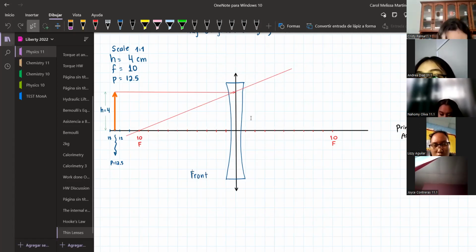That's why it's going to be a dash line. So we're going to turn this line into a dash line. Así, ¿no? Pero así, sí. Okay. And there it goes. That's the first ray.